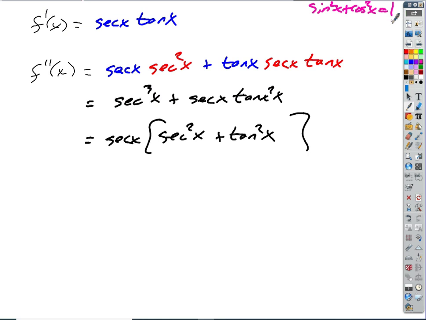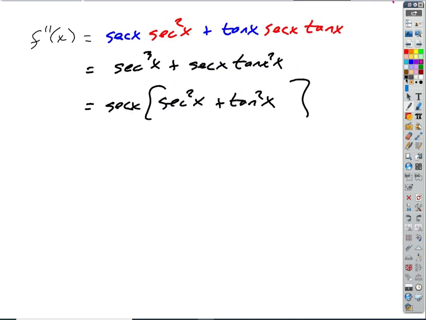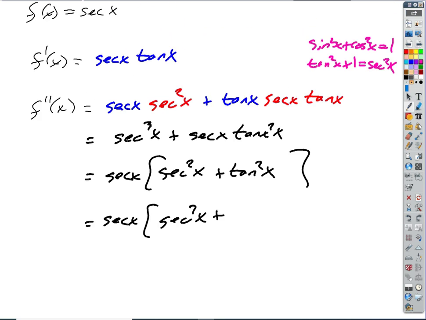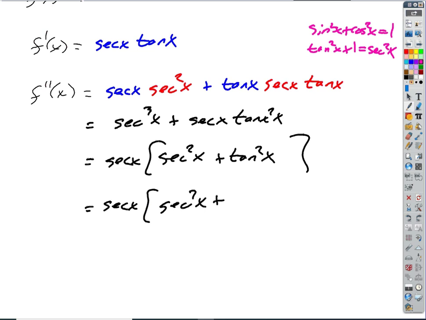If I divide each side of that by cosine squared, I get tangent squared plus 1 equals secant squared. So tangent squared must be secant squared minus 1. Okay? Then I could write this as secant x times secant squared x plus secant squared x minus 1.